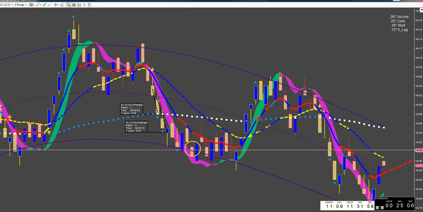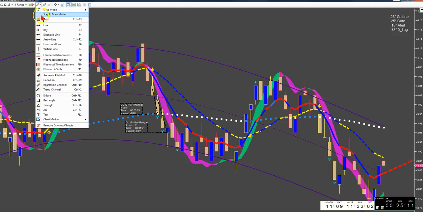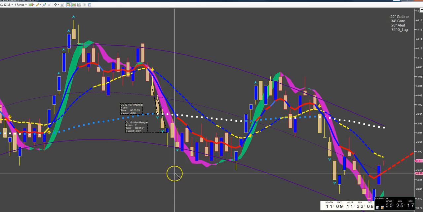Bob, the light bulb just went on for me. I'm so thankful for your training here, because I can see how those candles move around. They're to the left of, to the right of, they're below, they're above. They're all over the place relative to the alert slope. And it's so interesting that what you said about them being to the left of the alert slope is a safer trade. Oh, yeah.